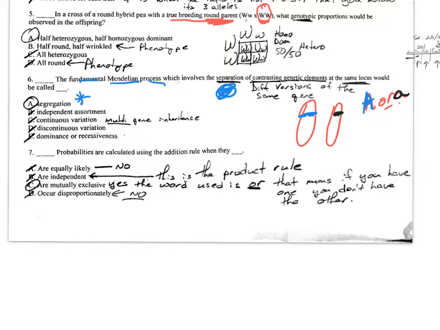Not mitosis, but what? So you're right, mitosis does separate the alleles, but it does so evenly, so each cell gets the same alleles. When do you mix them up? When do you not get the same alleles? When does it happen independently, randomly? Meiosis, good. So meiosis is when that happens.